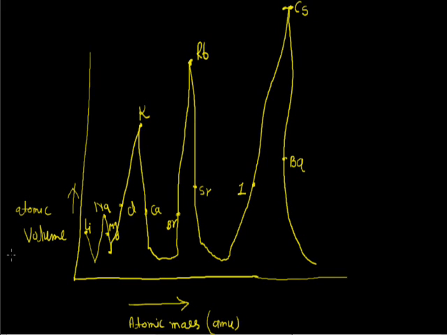Now fourth is the transition elements, that is d block elements, which occupy minima of the curve. That is the position of the transition elements: there is cobalt and copper. And here is this Rh, rhodium.